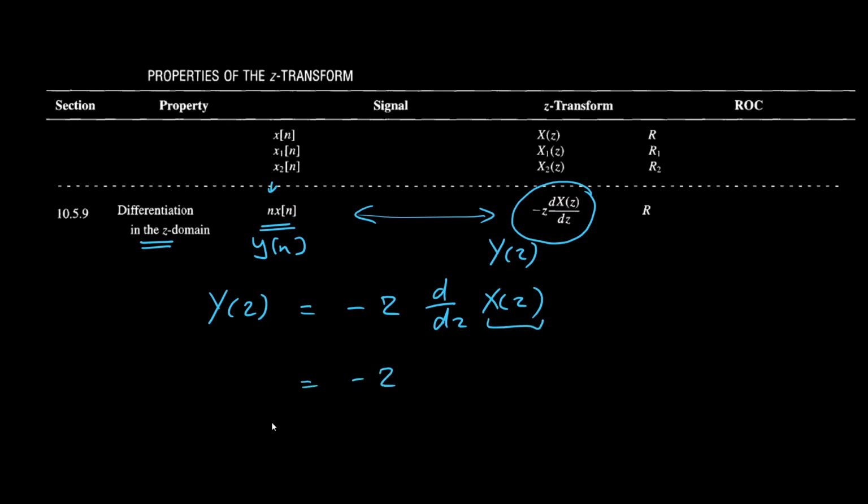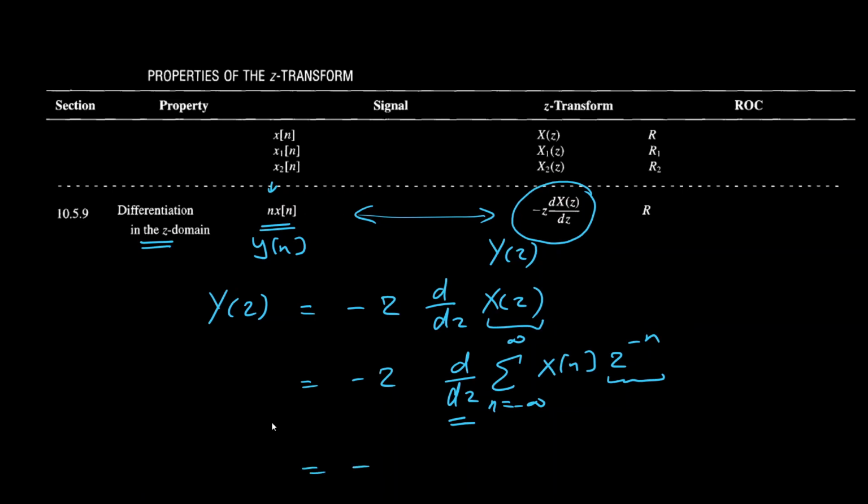But this has a standard formulation, which is a summation n minus infinity to infinity x of n z to the power minus n, and we have a differentiation with respect to z. Now the differentiation is with respect to z, so this variable would be affected.